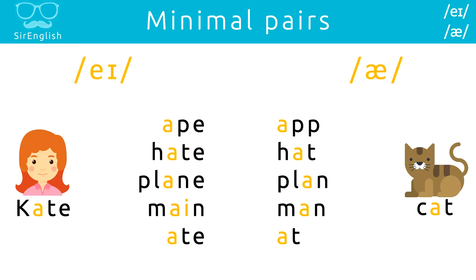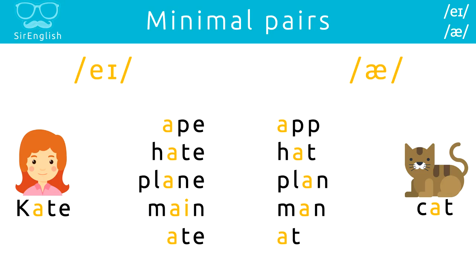Now, to make the two sounds even clearer for you, so you can practice more, we're going to look at some minimal pairs. Now, what are minimal pairs? They're simply words, usually very short words, which have exactly the same sounds except for one sound. The one sound difference is going to be the two target sounds. So look at this list that I've made for you. On the left, you can see the words that have the longer vowel.